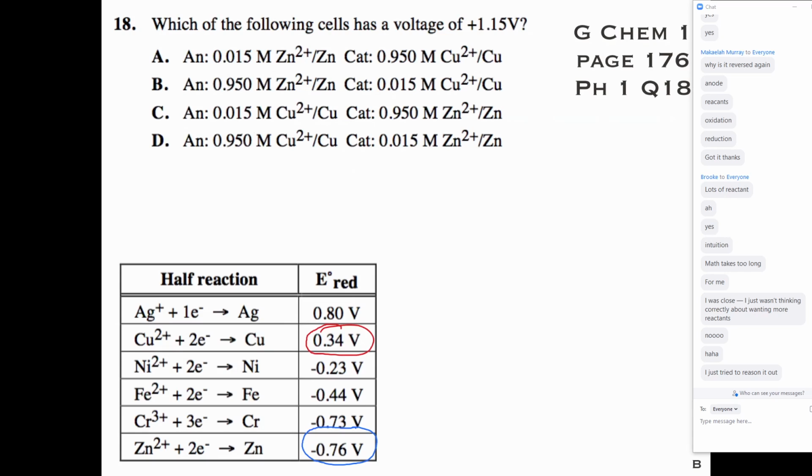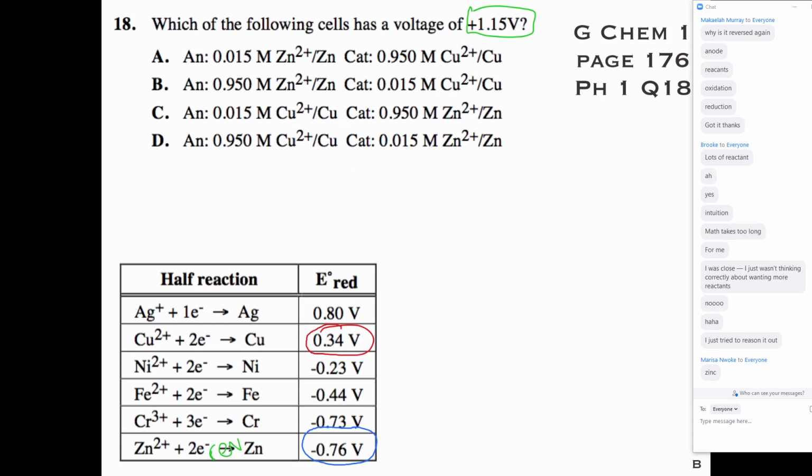So if I want a positive voltage, would you agree I need to reverse this one? So I need to reverse the zinc. So I need a zinc anode. And I need a copper cathode. Oh, you're welcome. So, okay. Second, that adds up to, again, 1.10 volts. So do I need more or less volts?